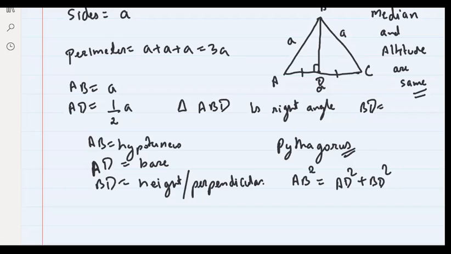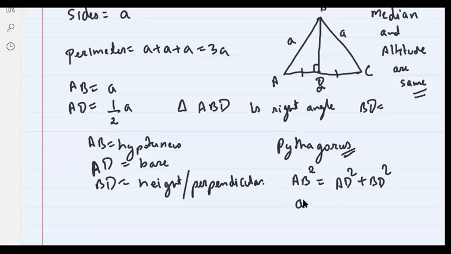Everyone is getting step by step. Very good. I just wrote the Pythagoras theorem. In a right angle triangle, hypotenuse square is equal to perpendicular square plus base square. That's what I've written.